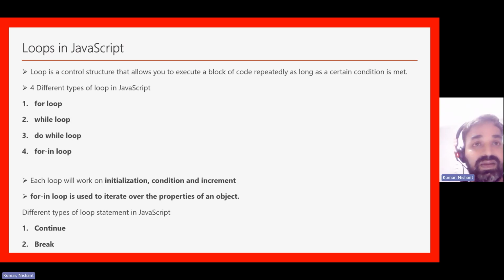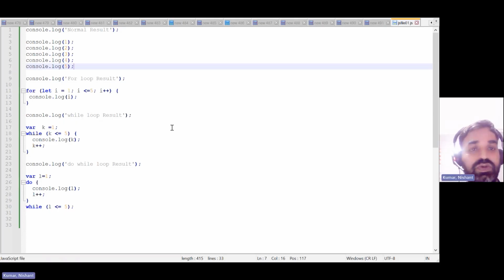And if it is within 5, then we have to increment it by 1 each and every time. So these three basic steps we have to take care of when we are writing any loop statement. We will see that in our code.